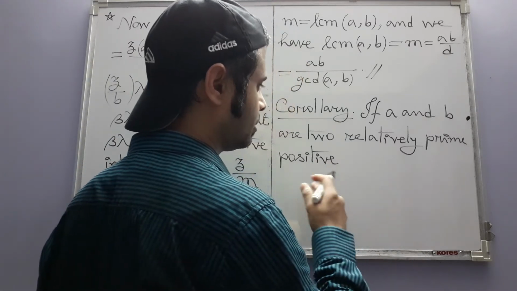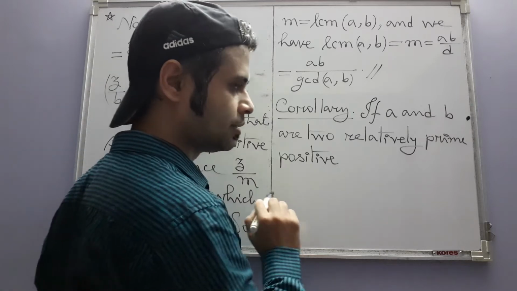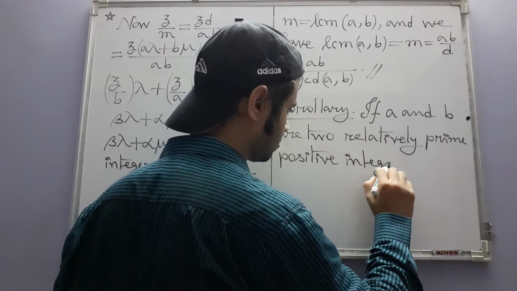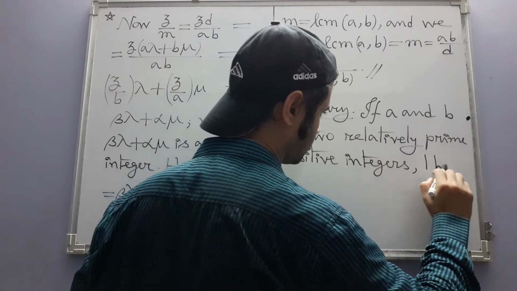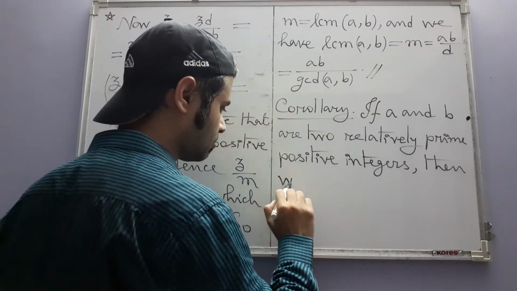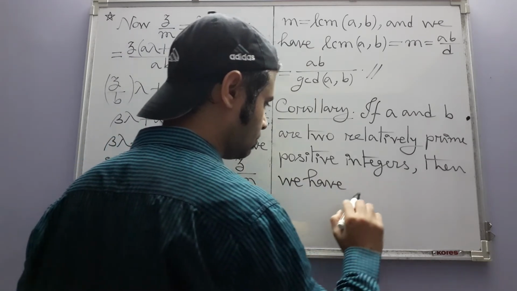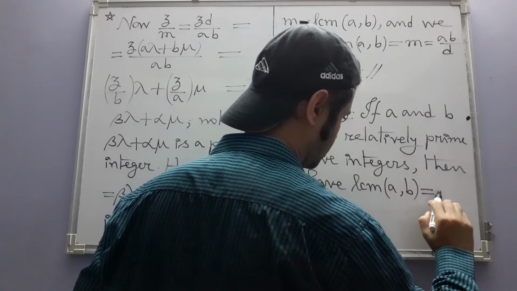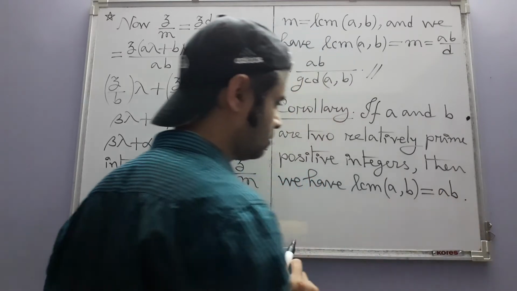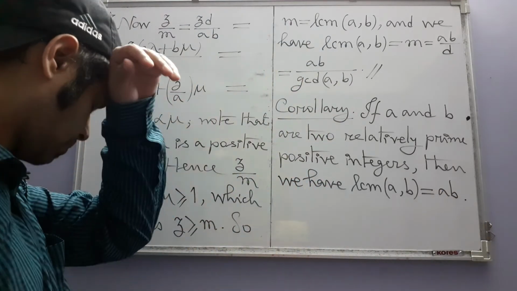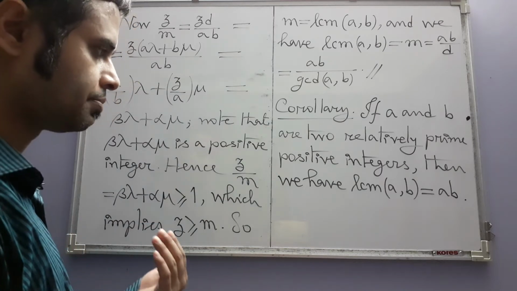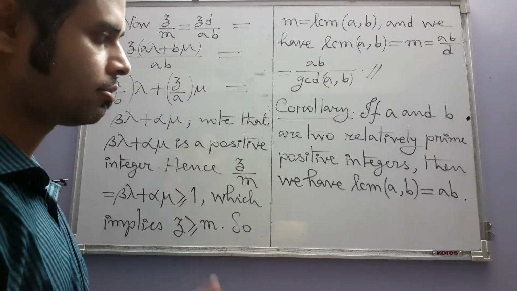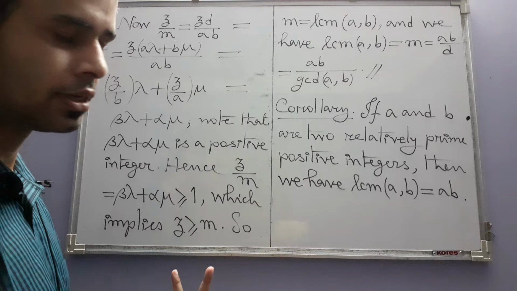But now additionally A and B are relatively prime, that is their GCD is 1, then we have the LCM of A and B equal to the product of A and B. So this is one very special case in which it's almost instant. You can instantly calculate the LCM. You just take their product and that's it. That is the LCM.